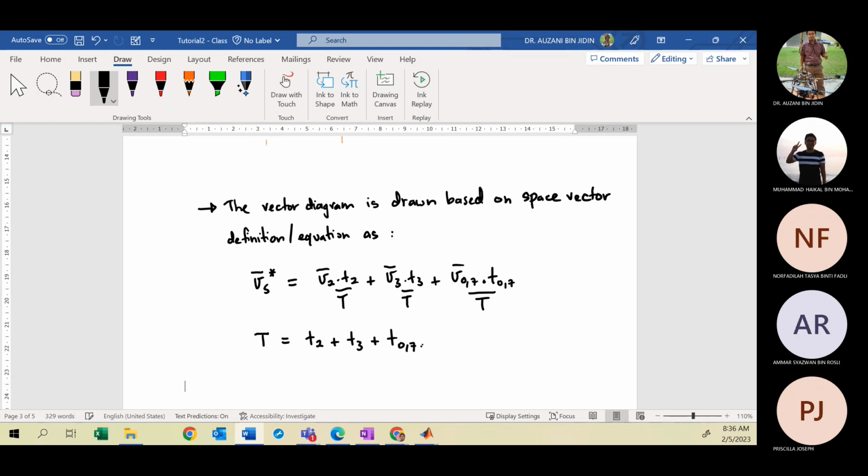Okay? So we apply these two equations, equation number 1 and equation number 2, to sketch the vector diagram above.